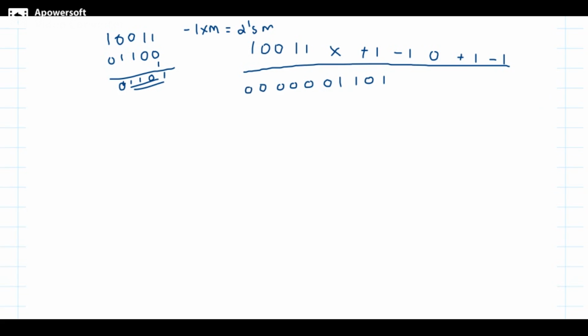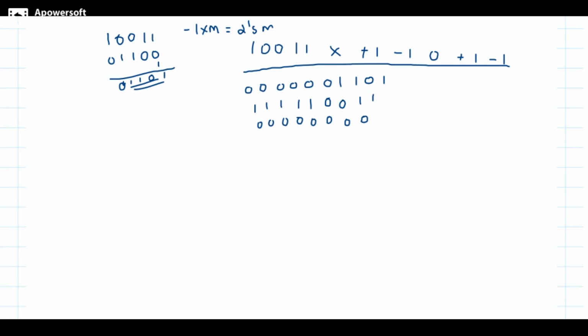Next is plus 1 into m. That means 1 1 0 0 1, extending the sign bit as 1 itself. Again 0 into m is all zeros.